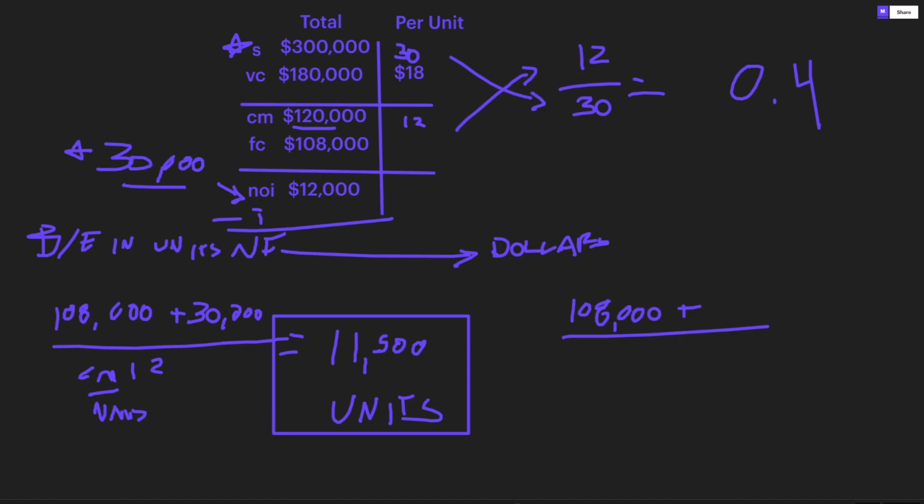So if I wanted to achieve, say, the same example of 30,000 in profit, then you would just add it right there over our contribution margin ratio because we want it in dollars, and you would get whatever that equals out to, and that would be in dollars.